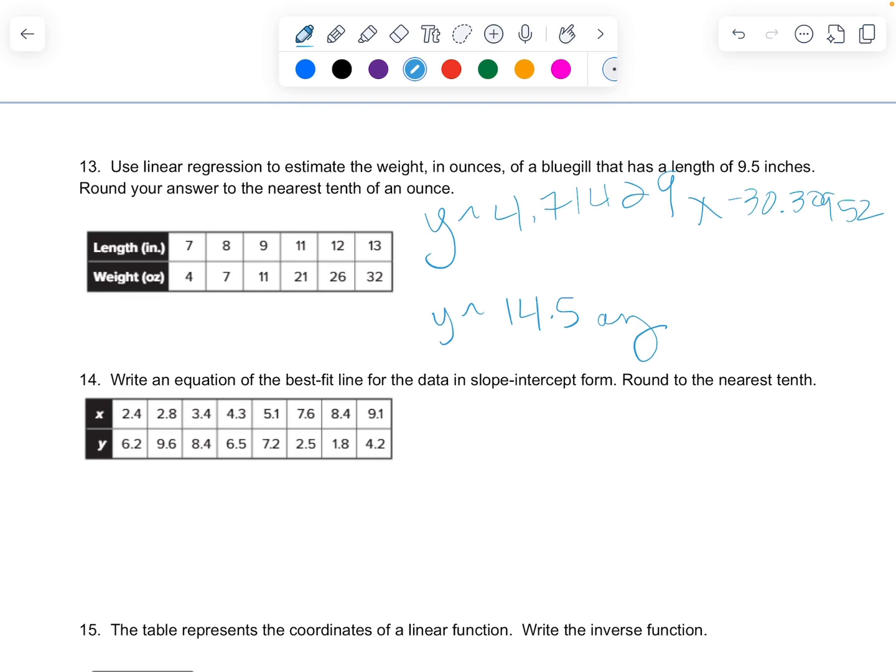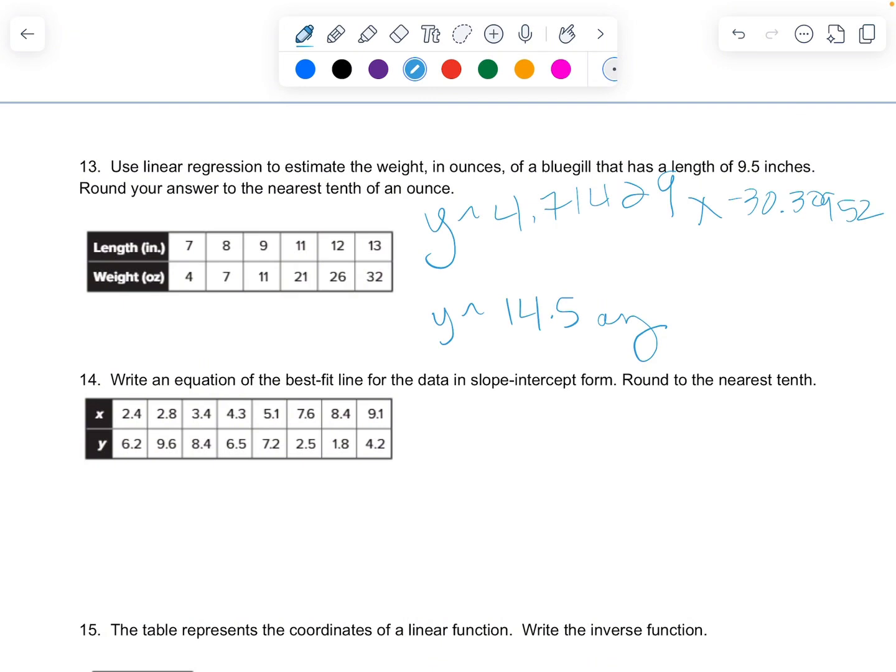And over here, 6.2 and 9.6. 8.4, 6.5, 7.2, 2.5, 1.8, and 4.2, and then squiggly mx plus b. Okay, let me hit save.